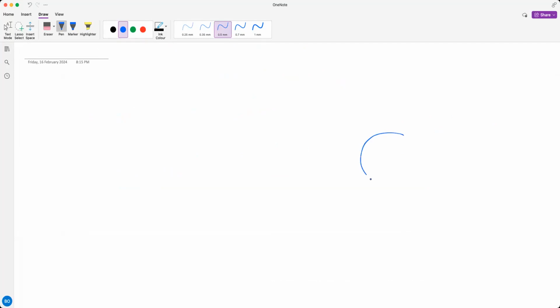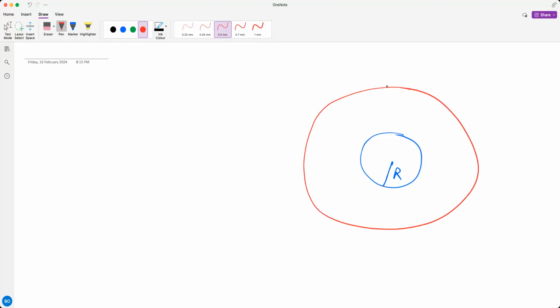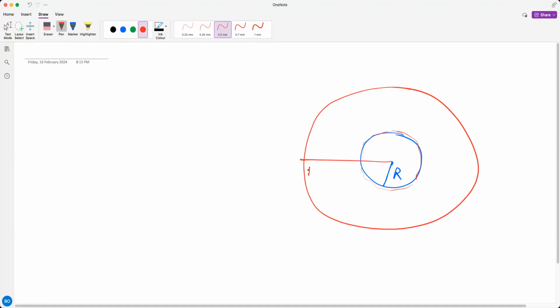So what do I have? This is the blue sphere. And this is the shell. This is 2R. It's not to scale, but I just made it bigger so that I can explain. What I want to calculate is the electric field at any point here.